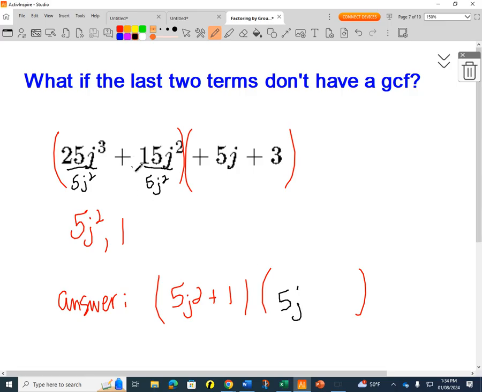It's a plus. 15 divided by 5 is 3. And j squared divided by j squared is 1. So it's just 5j plus 3. I kind of switched my order of things and shortened it up for you. If you don't like it shortened like that, you can do the long way just like the steps until you get more comfortable, or forever. It doesn't matter.